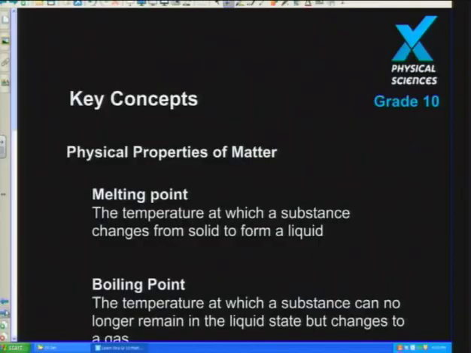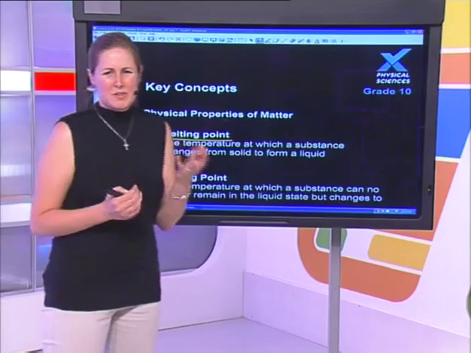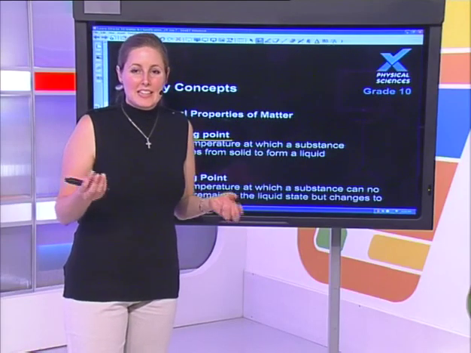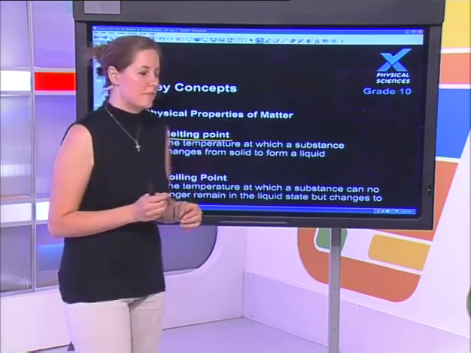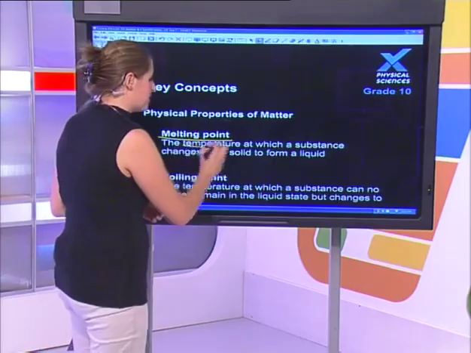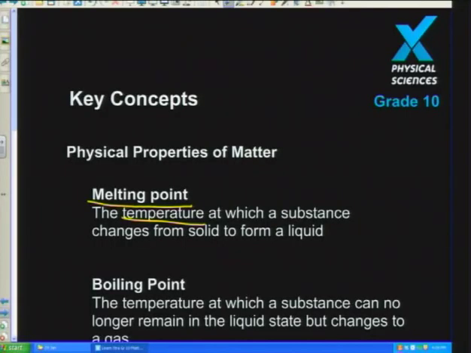So, physical properties of matter, melting point. Melting point is a very important one. You might say, well, I know what melting point is. It is a specific temperature, always a temperature in degrees Celsius, or we often would use Kelvin in science, at which a substance changes from a solid to form a liquid.